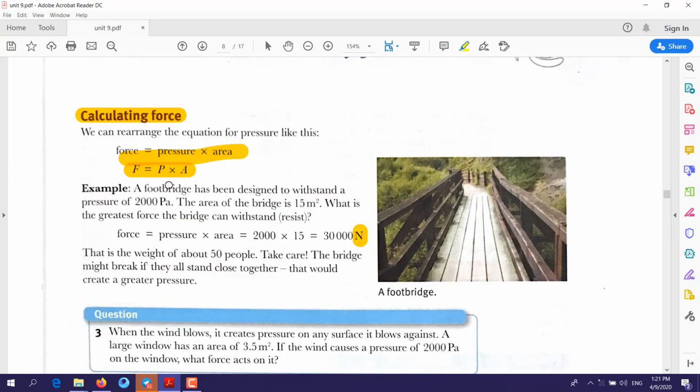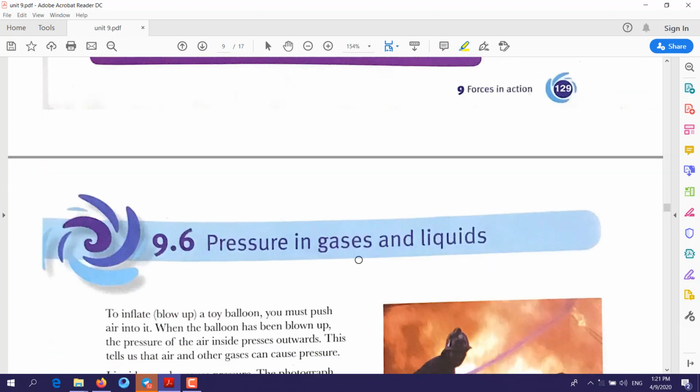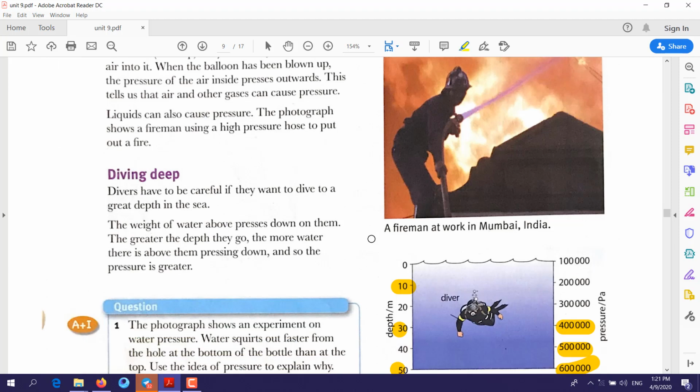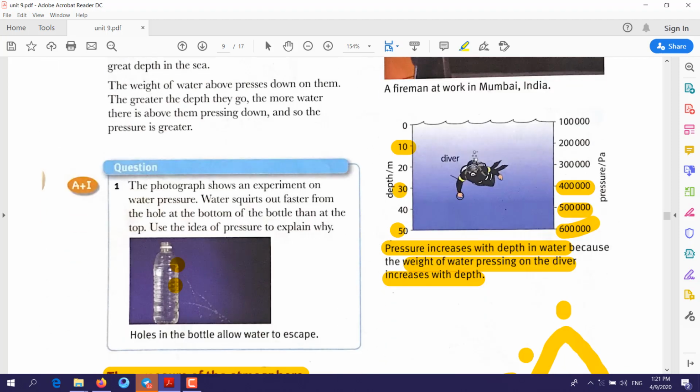Calculating force using this formula: force equals pressure times area, and the unit we use to measure the force is Newton. Pressure in liquids, you need to focus on that. Pressure in liquid increases with the depth. It means the deeper the object goes, the higher the pressure will be on it.